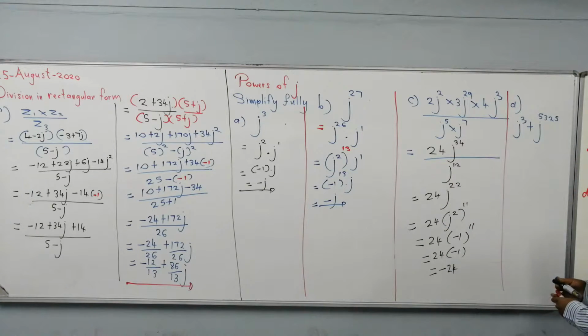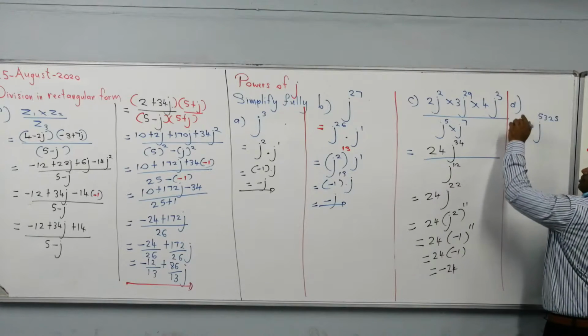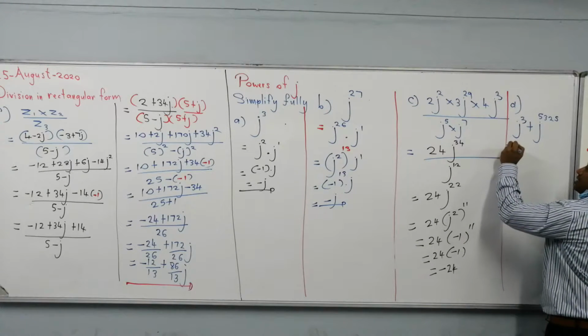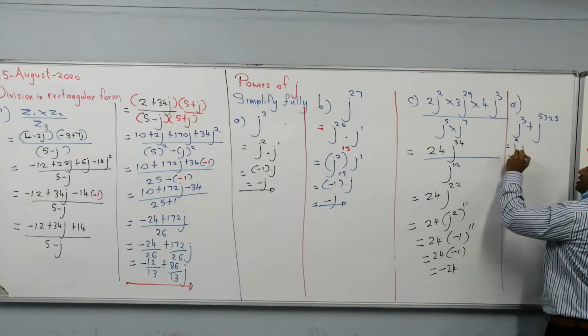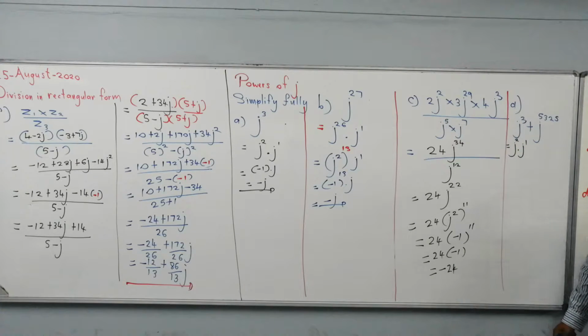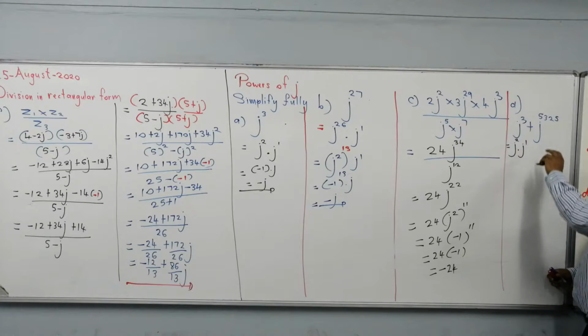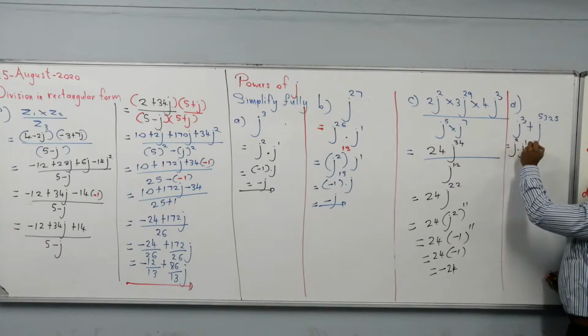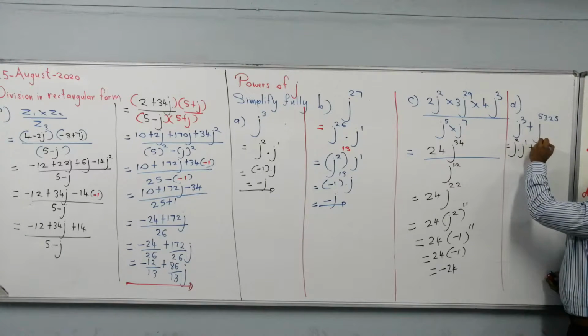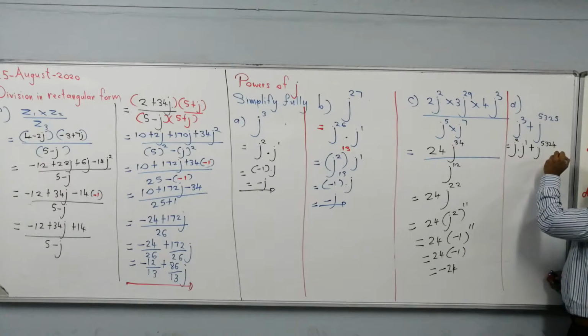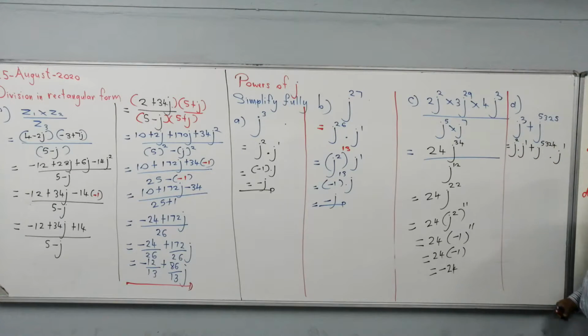Right, so now I will work out j to the power 3 individually. So j to the power 3 will be the same as j squared times j to the power 1. j to the power 5325 is the same as j to the power 5324 times j to the power 1. All you do is split it up, just like how we did it here.